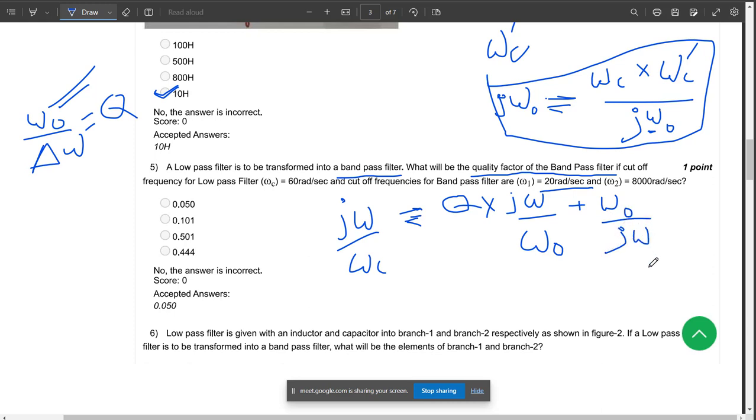Q is multiplied for both these terms. This is the center frequency. This is the lower cutoff.